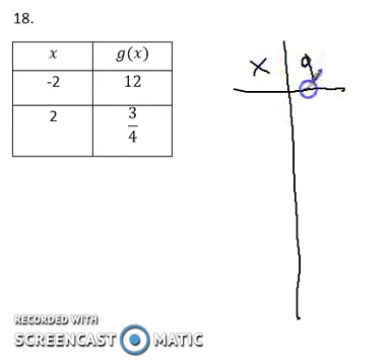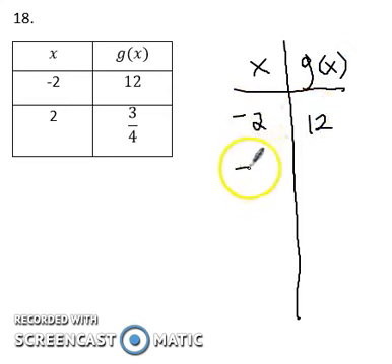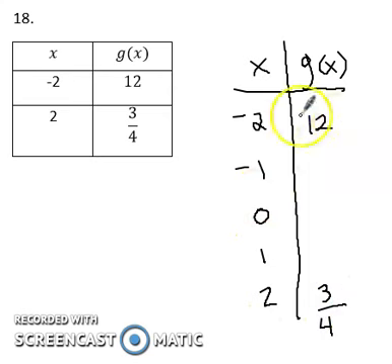What I'd like to see is what's going on in between. I want to know what happens at -1, 0, 1, and 2, because then I can identify what we're multiplying by each time we go up.